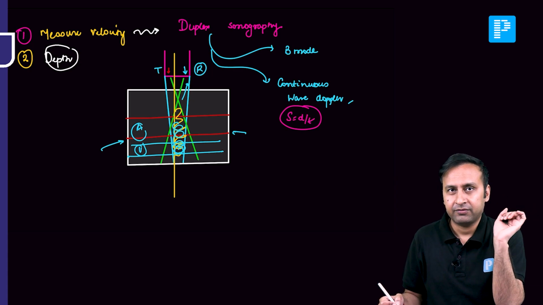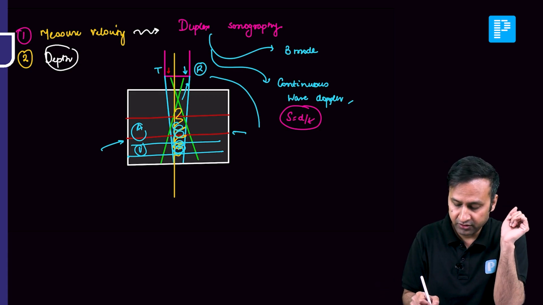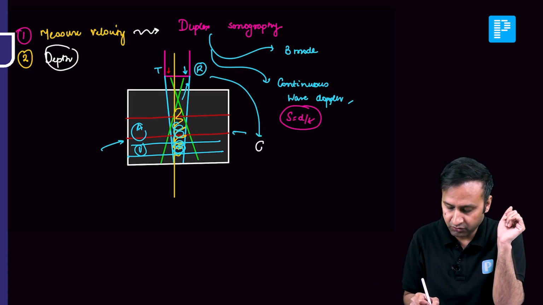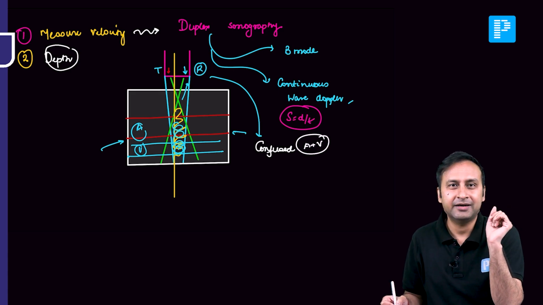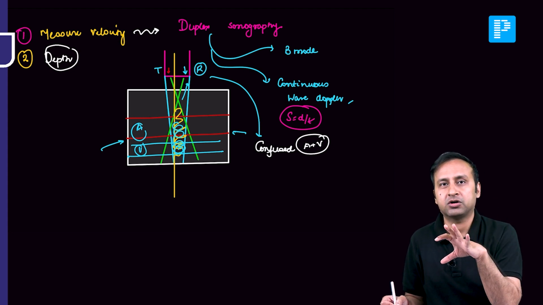So what you will have in the end is that your transducer is going to get confused, because it is getting signals from both artery and vein, and thus it cannot accurately tell you what the velocity of the particular vessel at the point of interest is. Okay, so this is going to be one major problem with duplex sonography as well.